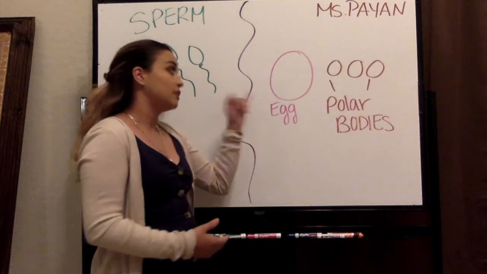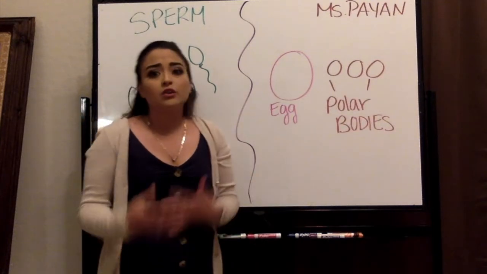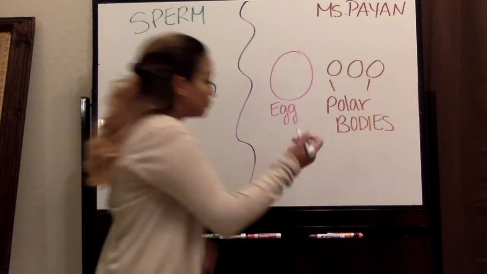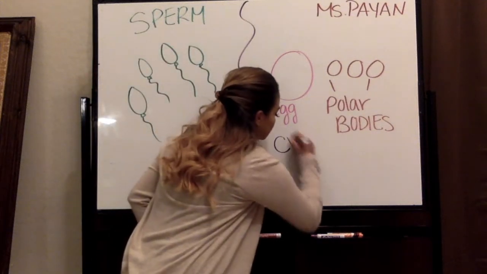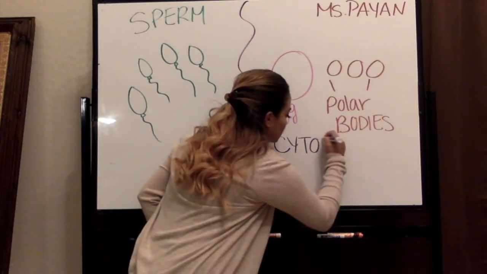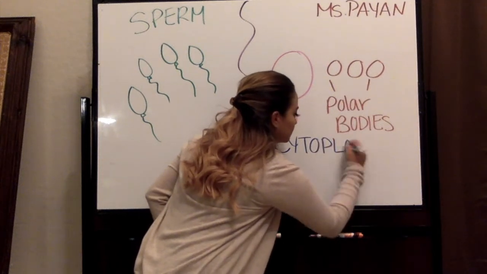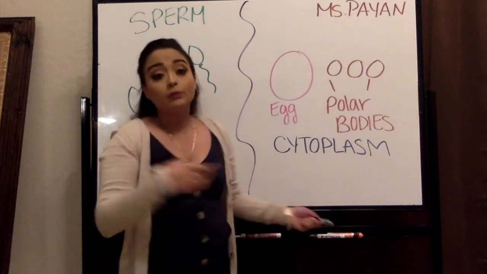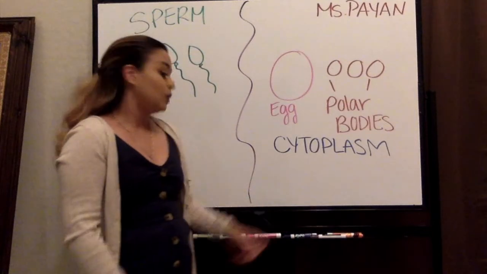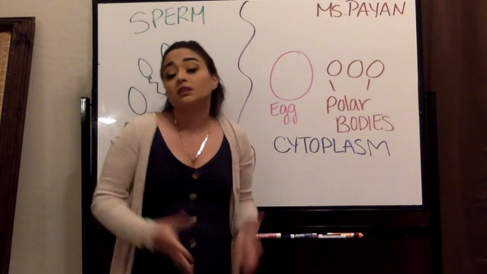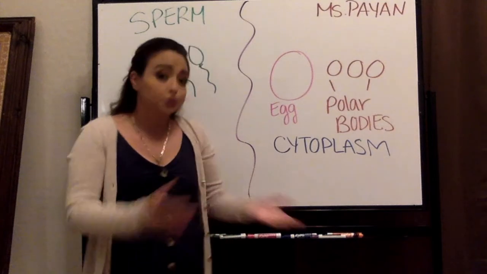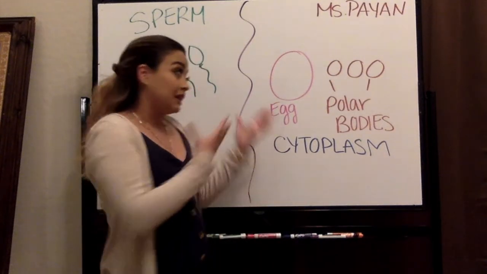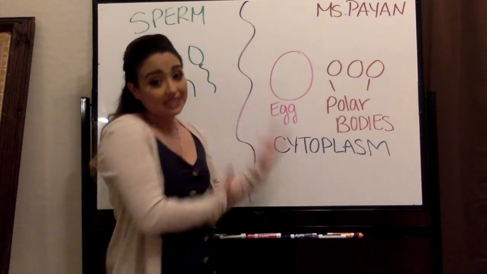That is the egg. Now, I don't know if you recall this or not, but when we spoke about cells, we also spoke about the stuff that's inside of them, their structure, what they're made out of. Now, like I've said before, these are sex cells.